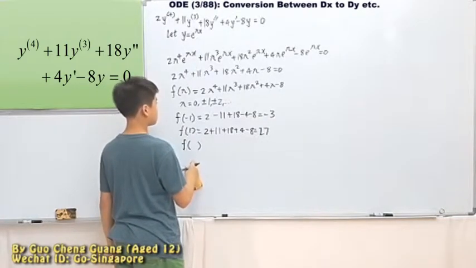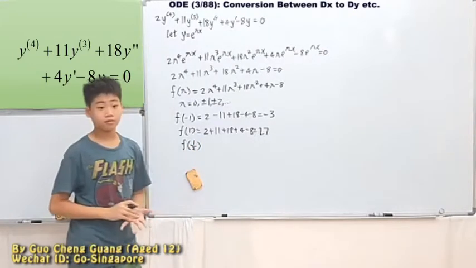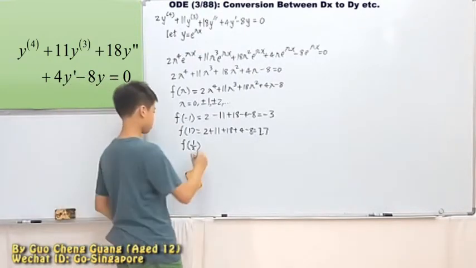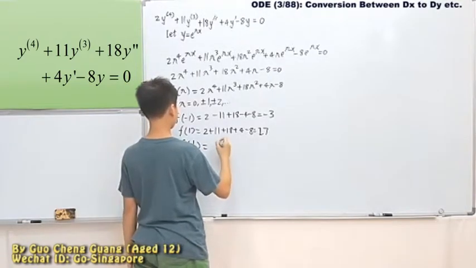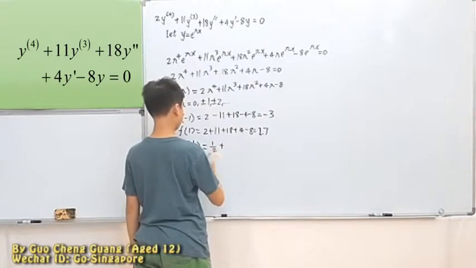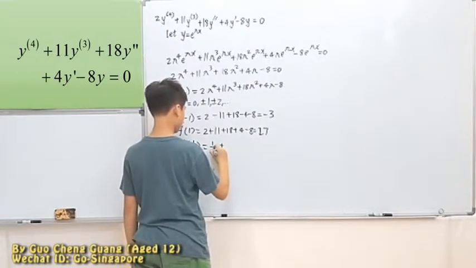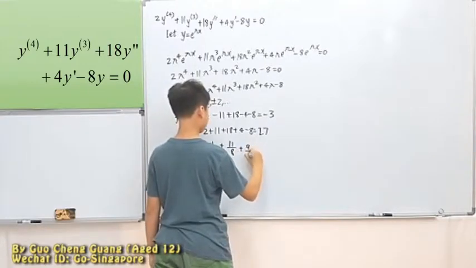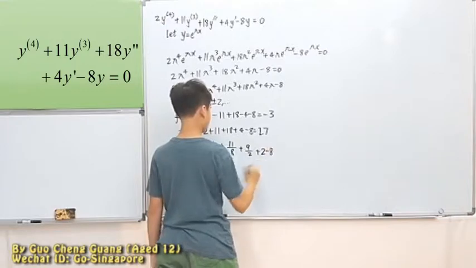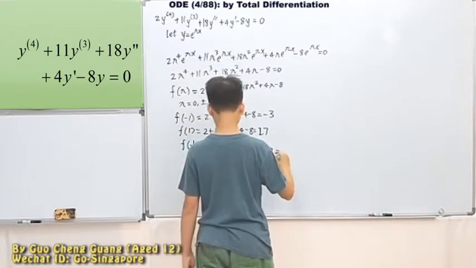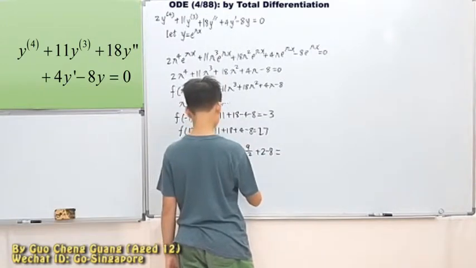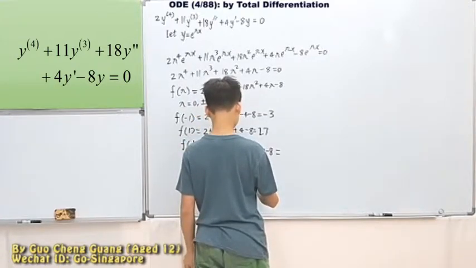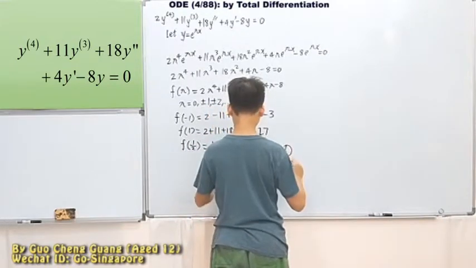So from this part, what if it's a half? We just try a smaller number than 1 but bigger than -1. Okay, so this will give us 0.